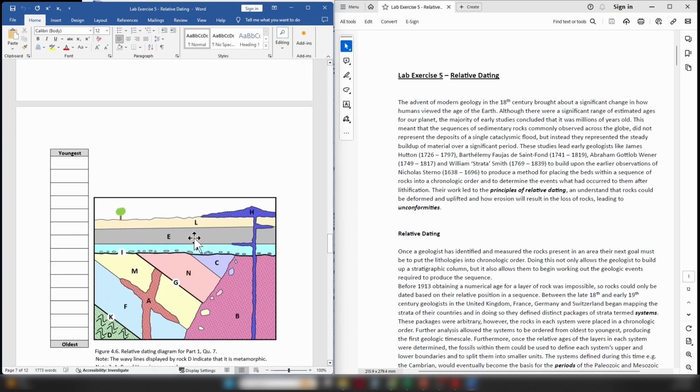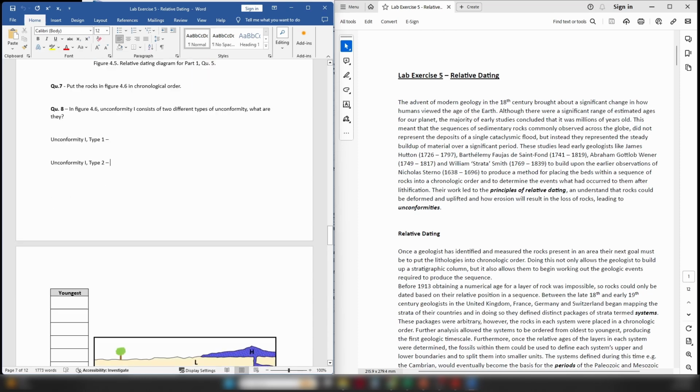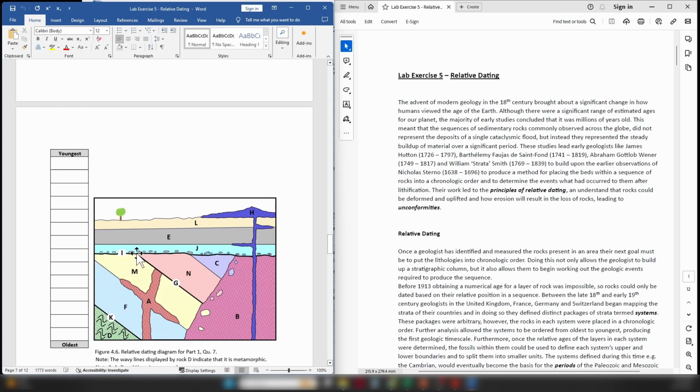sequence. Okay, so once you've put the rocks in figure 4.6 in chronological order, you need to answer this question about the different types of unconformity. So unconformity I actually is two different types of unconformity. When you look at unconformity I, here it is, coming across right there.